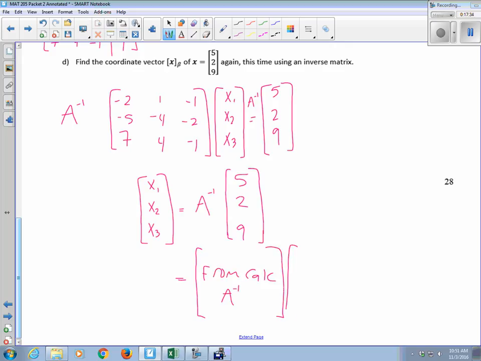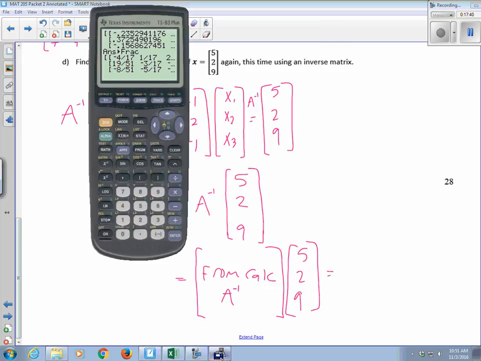You're going to multiply that by 5, 2, 9 and have my calculator do it without actually writing down that whole matrix. Maybe I'll store this as matrix B. Right, so hit store, go into your matrix menu. I think this is how you do it. Second matrix, store that as matrix B. Yeah, so now that's stored as matrix B.